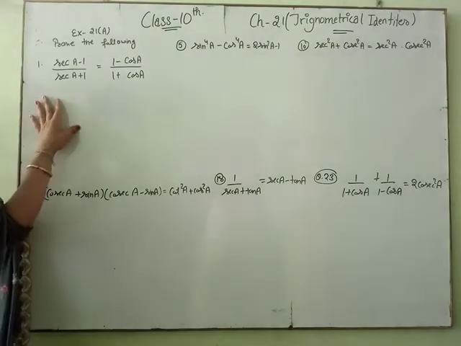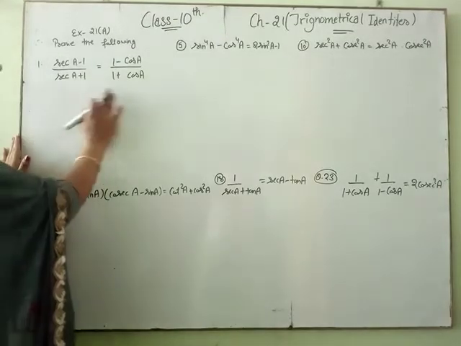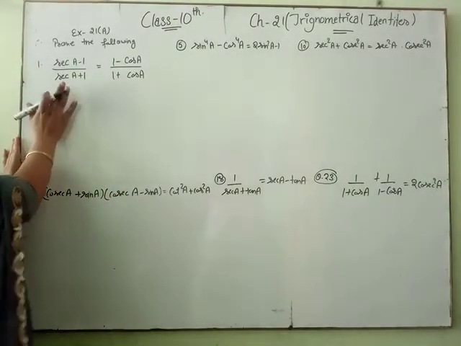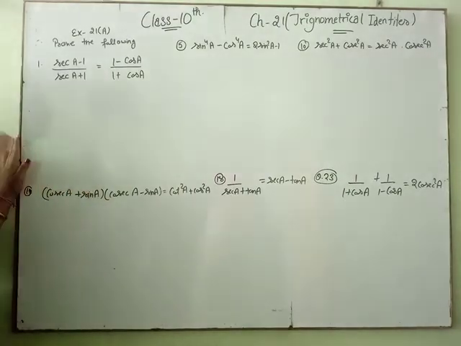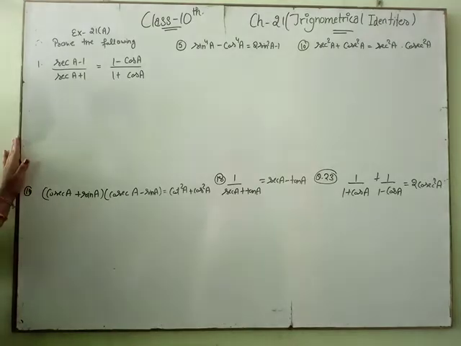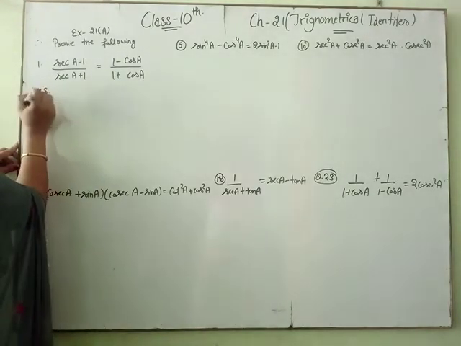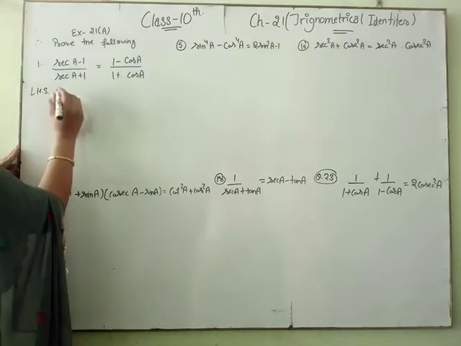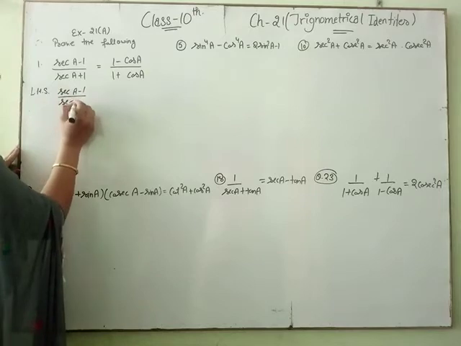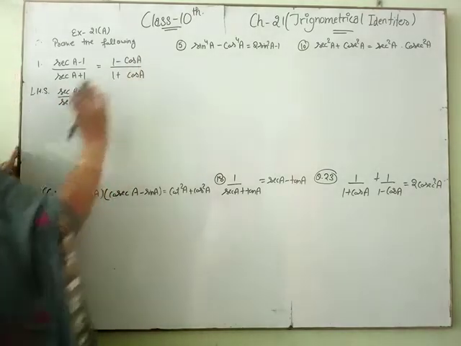Our first question is (secant A minus 1) by (secant A plus 1) equal to (1 minus cos A) by (1 plus cos A). We have to show that left equals right. You can take any one of the sides because both sides are of the same type. Let we take the left hand side, (secant A minus 1) by (secant A plus 1), and we have to prove it in the form of cos.